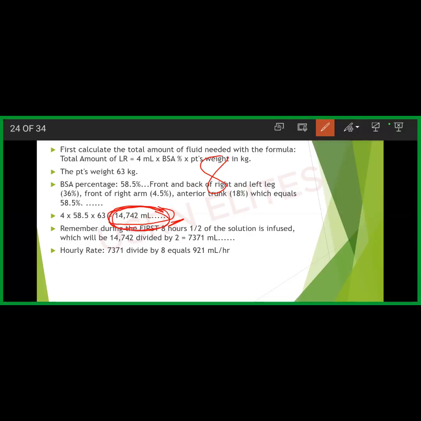You divide this one by 2 to get half of all that you want to give. Do you understand? It is a rule. So let's say we had calculated 2,000 mils. It means you're supposed to give half of this, which is 1,000 mils, within the first 8 hours. It is a constant. That is how it works. Then the rest of the 1,000 we will give in the next 16 hours.